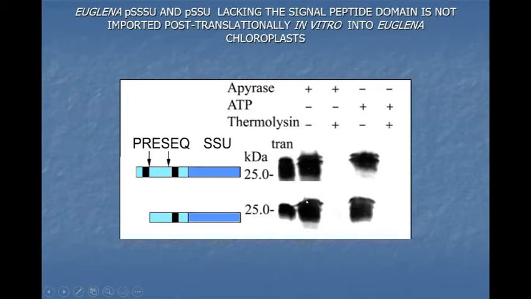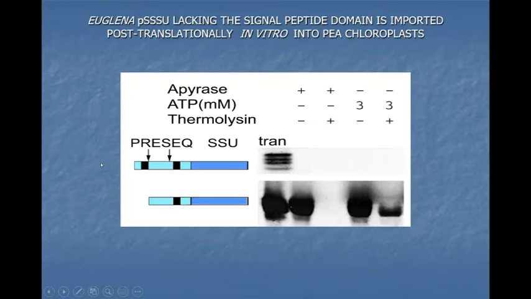It is pelleted through Percoll. However, if we treat with thermolysin, it is fully thermolysin sensitive. It has not been transported into the chloroplast. This happens in the presence of ATP and the absence of ATP. So we cannot post-translationally import into the chloroplast. We have obligate vesicle fusion.